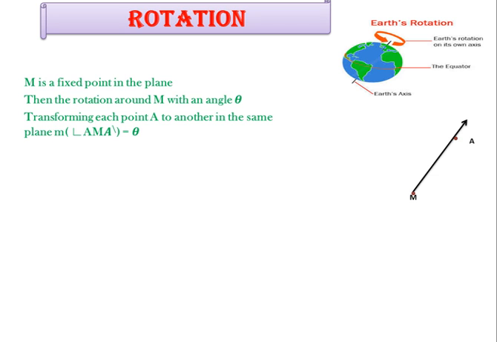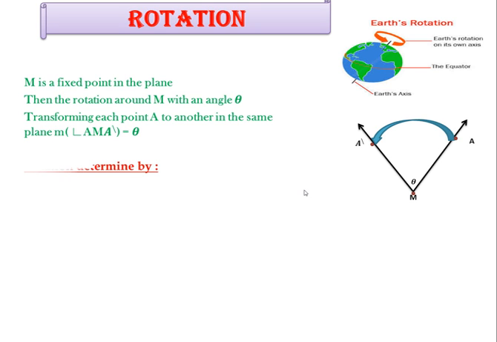Then the measure of angle AMA' equals theta. Theta is the angle through which we rotate the point A to A'.